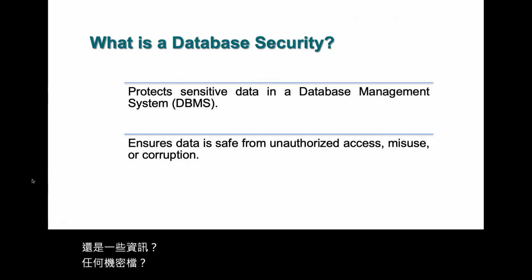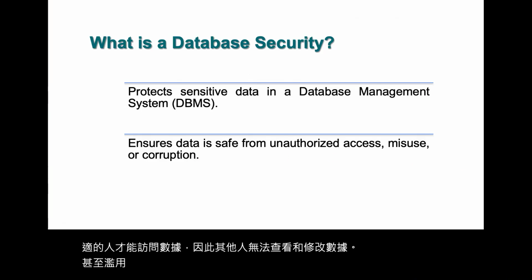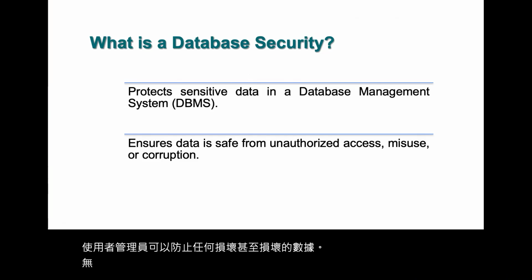The security makes sure that only the right people can access the right data, so no one else can access, modify, change, or even misuse the data. By this kind of security, the administrator can prevent any damage or corrupted data, whether accidental or on purpose.